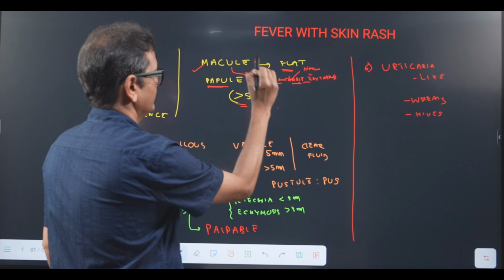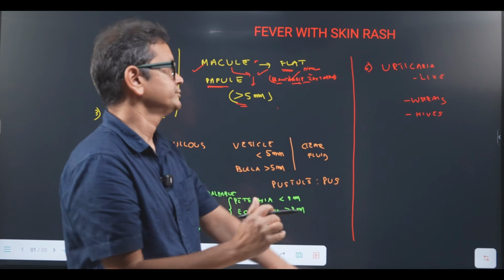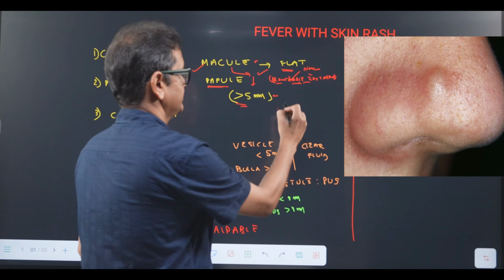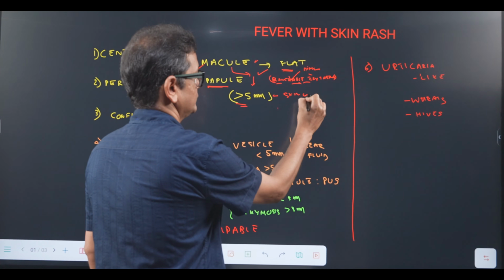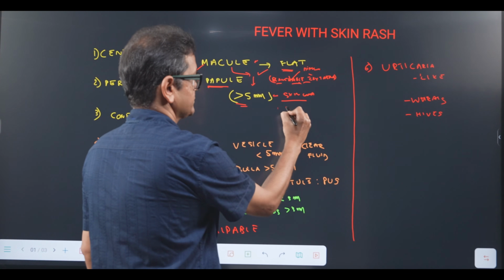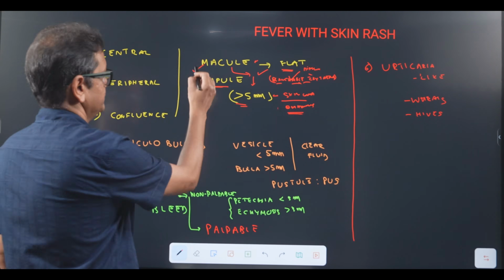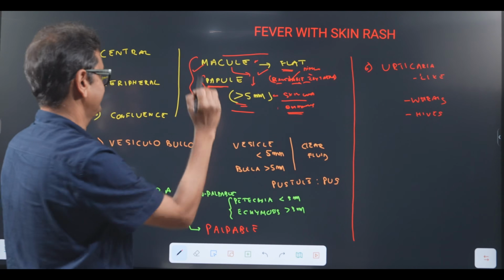A papule is nothing but a macule which can be palpated, especially if it is more than half centimeter in size. A papule can be skin colored or erythematous, means reddish in color. So, these are the descriptive terms for these skin lesions.